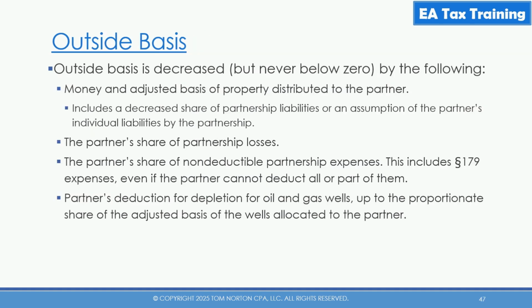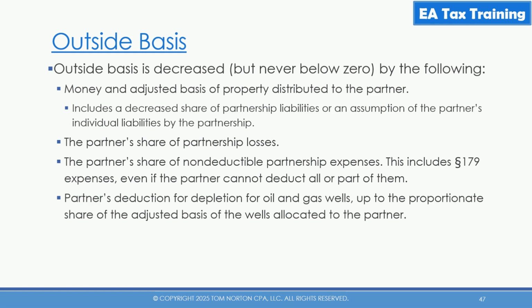So now let's look at the things that decrease outside basis, but it can never be decreased below zero. Money and adjusted basis of property distributed to the partners. So if the partnership makes a distribution out to the partners, that decreases their basis. If it is a distribution of property other than money, it is the adjusted basis of the property that counts, and that decreases their basis.